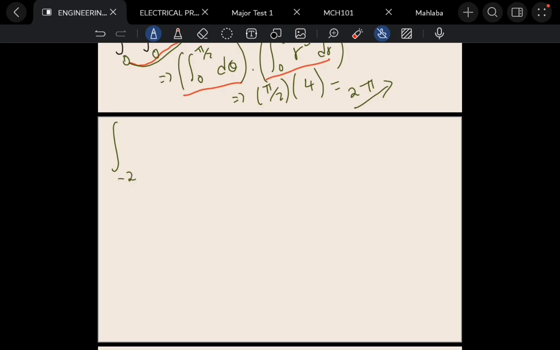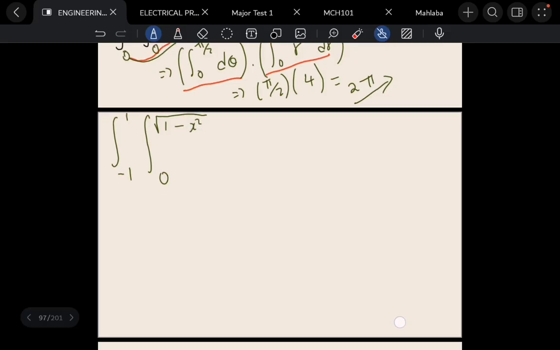From -1 to 1, the square root of 1 minus x squared, e to the power of minus 4x squared minus 4y squared dy dx.